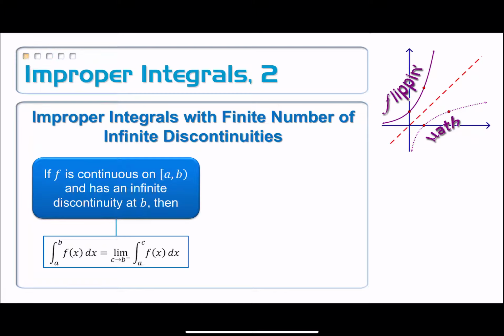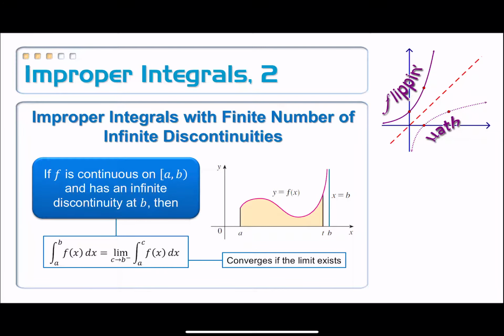In order to understand that, let's take a look at a picture here. We have on the right-hand side this infinite discontinuity, a vertical asymptote, and if we have a vertical asymptote on the right-hand side, we have to approach it from the left, which is why this limit has c approaching b from the left-hand side.